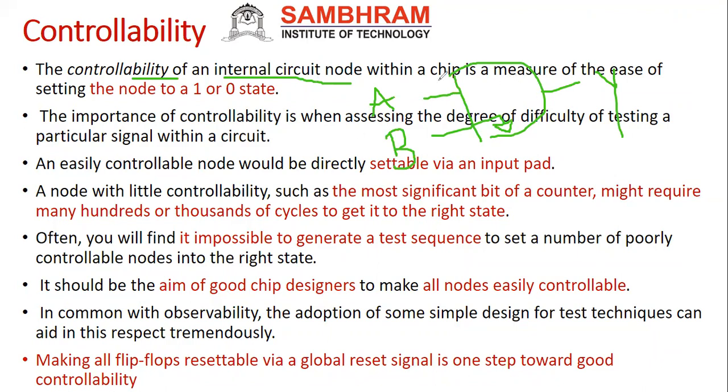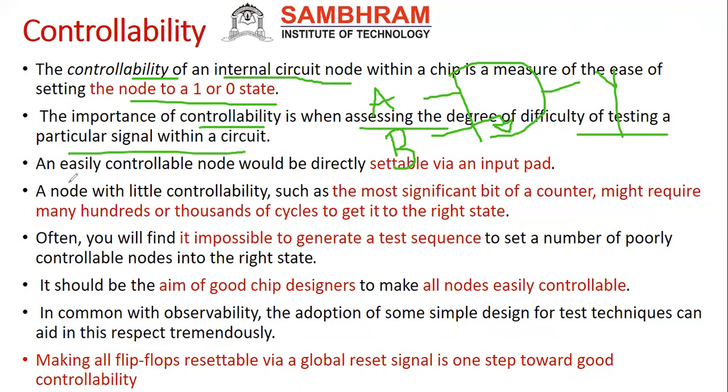The controllability of an internal circuit node within a chip is a measure of the ease of setting the node to a 1 or 0 state. So we can control this gate by applying the proper stuck value, stuck-at 0 or stuck-at 1. The importance of controllability is in assessing the degree of difficulty of testing a particular signal within a circuit.